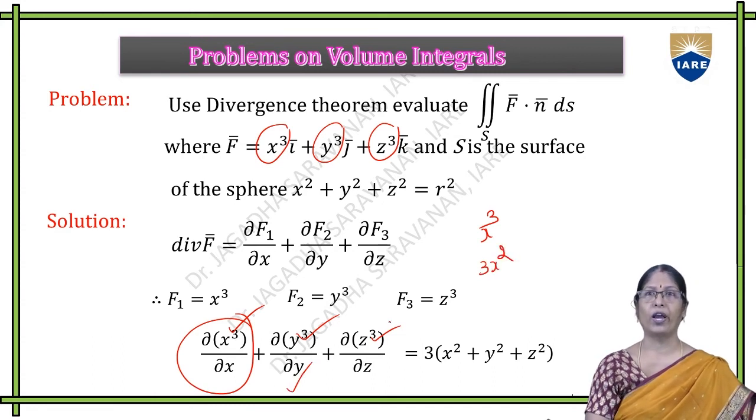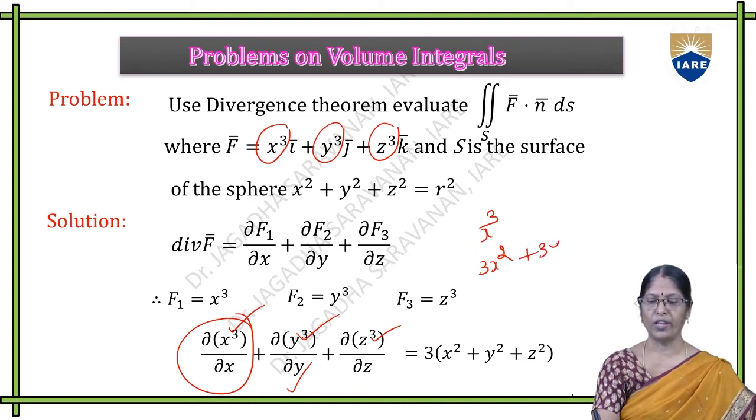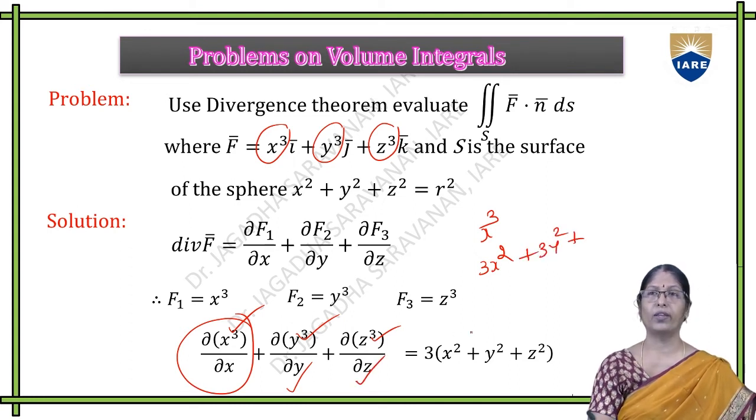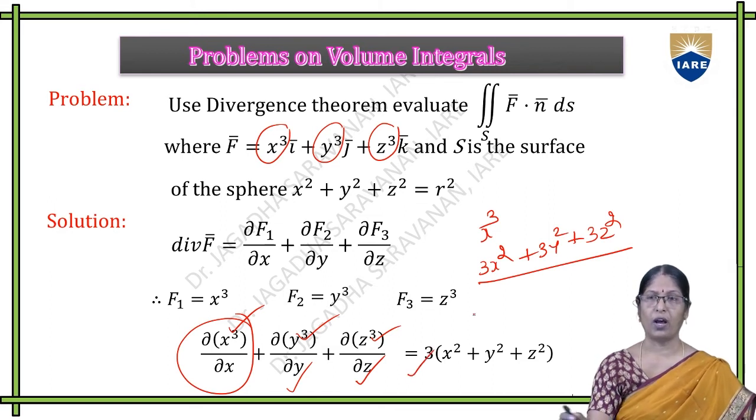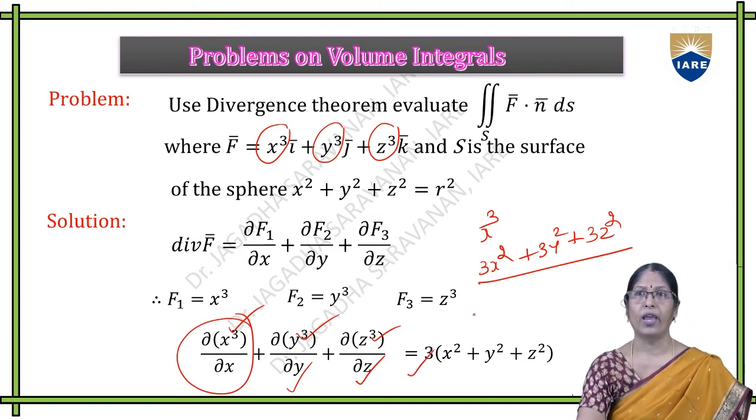Partially with respect to y, y cubed gives plus 3y square. The last one, with respect to z, gives 3z square. The 3 is common, so we take it out: 3 of x square plus y square plus z square.